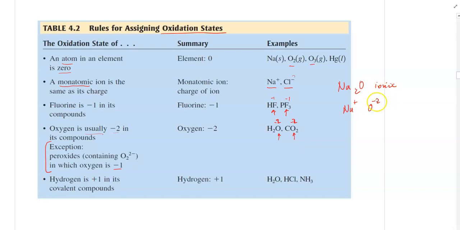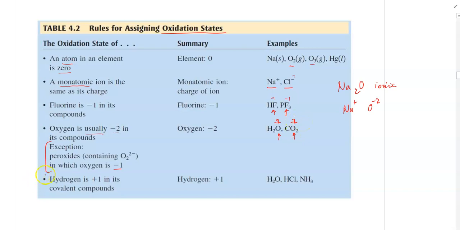That's an ionic compound that involves an oxygen ion, so an oxide, with a charge of -2. So the oxidation state of this ion would also be -2. But that conclusion is a little bit harder to make if you look at this CO2. That's a covalent compound. There's not really charges involved. Yet we still know that because of this rule, oxygen will have an oxidation state of -2.